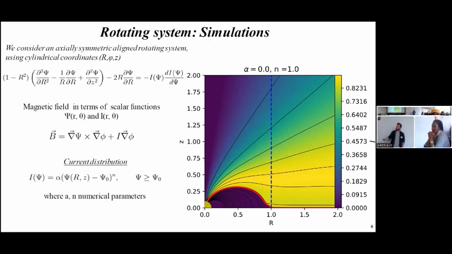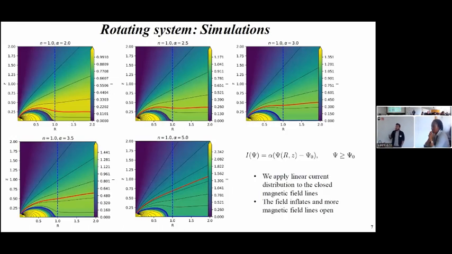Here is the light cylinder, and the current sheet starts from the light cylinder. So this picture has no poloidal current distribution at the region of the closed magnetic field lines, and only the necessary current distribution at the region of the open field lines, in order to have this smooth crossing of the open field lines.